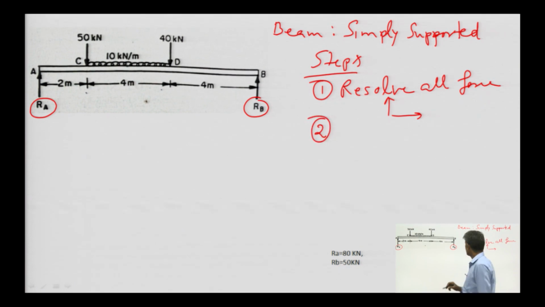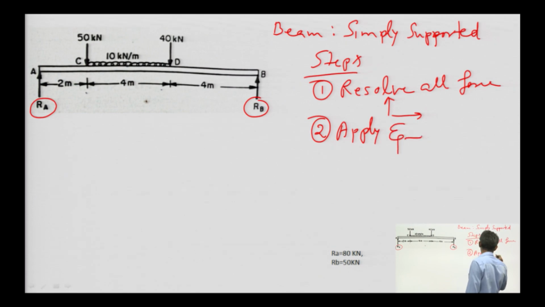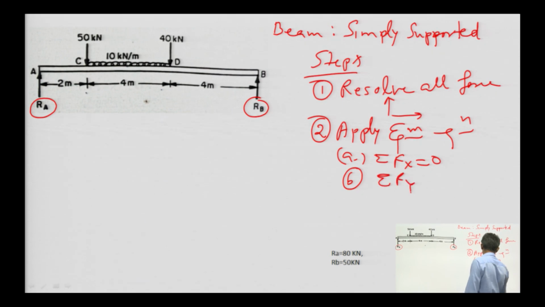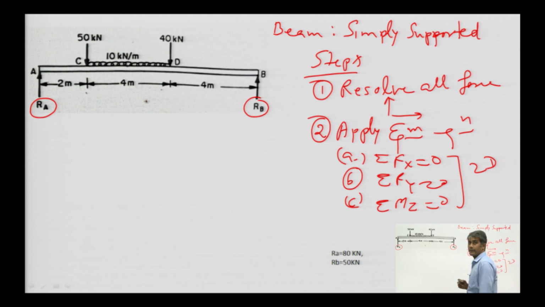Second step, apply equilibrium equations. What are the equilibrium equations? I have told you in previous classes that equilibrium equations are sigma F x equal to 0, sigma F y equal to 0, and third is sigma M z equal to 0 in case of 2D.